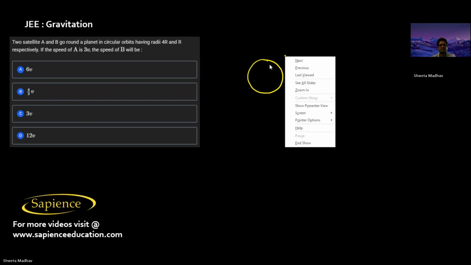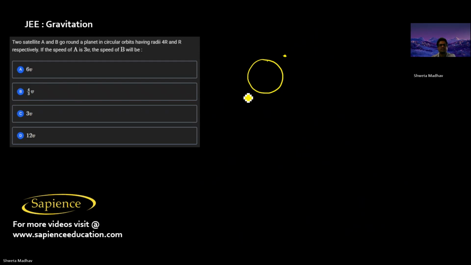Then here it is told two satellites A and B go around a planet in circular orbits having radius 4r and r respectively.